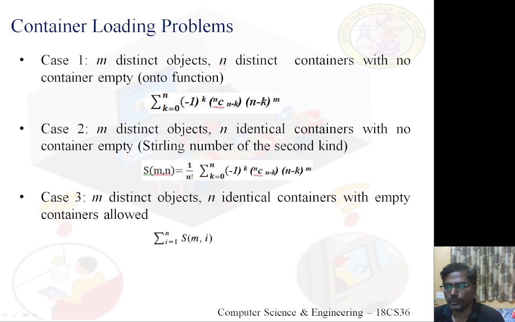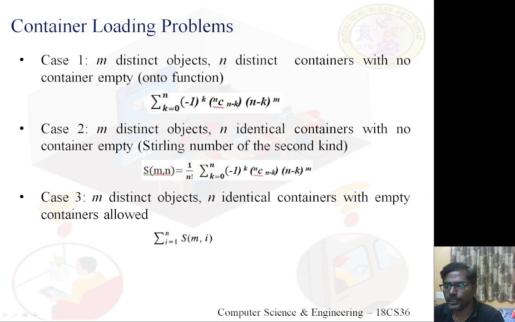Now case 2. See here, the objects we are given are distinct, meaning m distinct objects are given. But the n containers which are given are identical, meaning there is no differentiation among the containers. So I repeat, the given m objects are distinct, whereas the given n containers are identical.